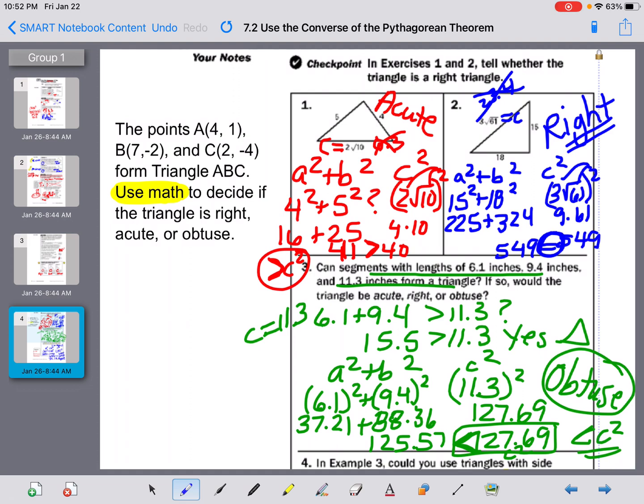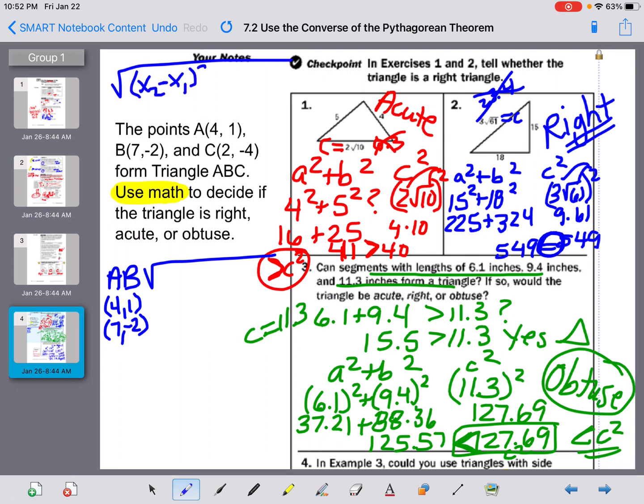What kind of math am I looking for here? Aha, one of our favorites, distance formula. All right, we're going to find the distance from A to B. Remember, when I'm using the distance formula, I need my 2 ordered pairs, and they're going into my big formula. For those of you that don't remember, it is the square root of x2 minus x1 squared plus y2 minus y1 squared.